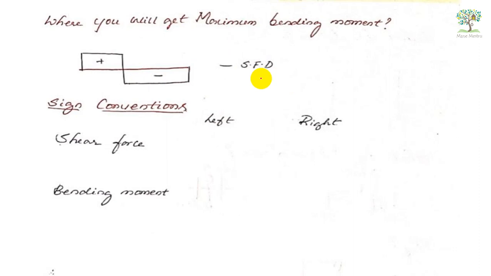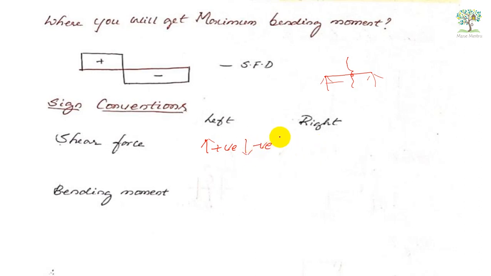Okay, if you consider a beam, I told you can calculate from left side or right side, from any point. For example, you are calculating at this point, you can calculate from left side or right side. Now if you are measuring the shear force from left side of the beam, you have to take upward as positive, and downward as negative.